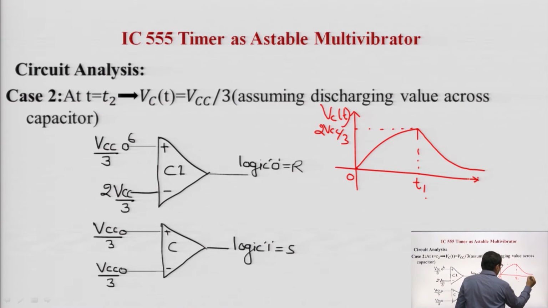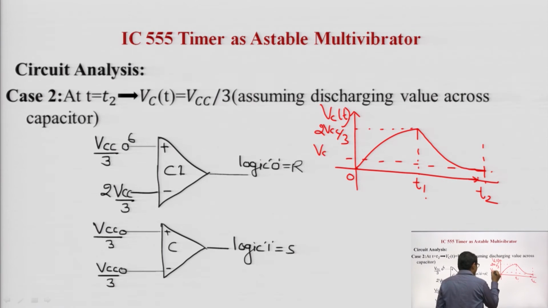And at t equal to T2, we find that VCT becomes VCC by 3.